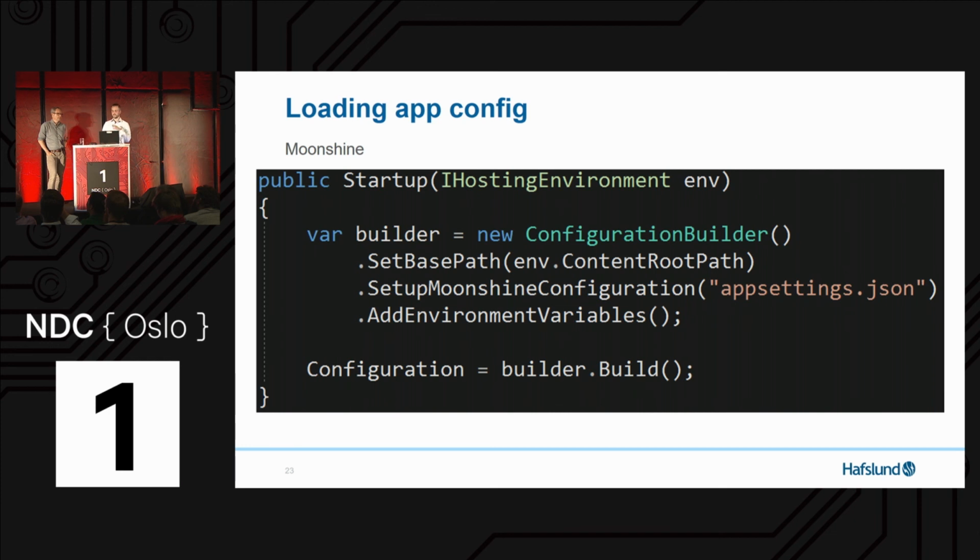And on the fly, when we say build, it will resolve all our secrets, decrypt them for us, and we're good to go. And of course, we have to provide the Moonshine runtime with our encryption keys and where the actual encrypted secrets are located. And we'll get to that soon.